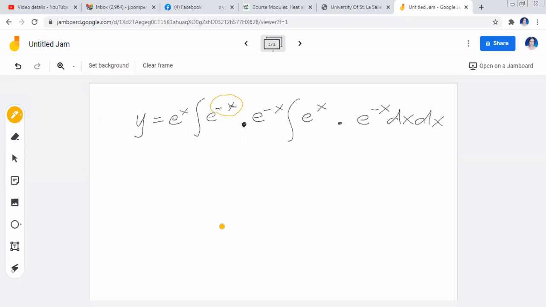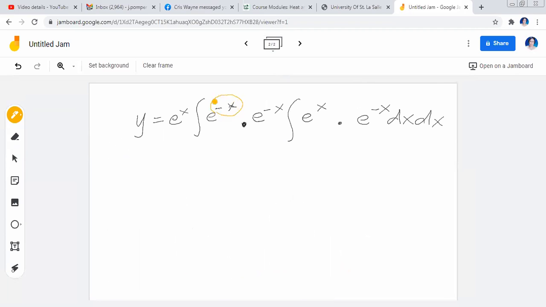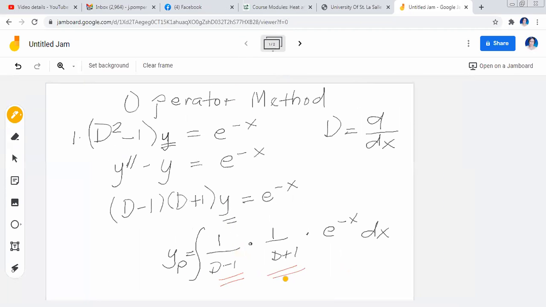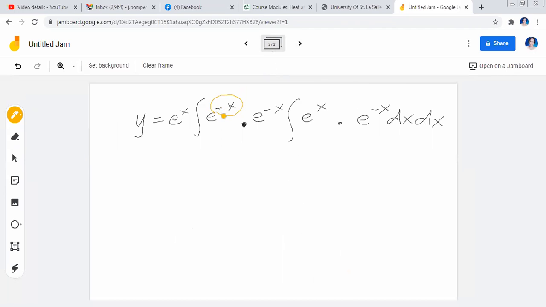It is automatic. So this is D minus 1, so the minus 1 that you see here is this minus 1 here. If this is minus 2 or minus 3, this becomes also minus 2 or minus 3.